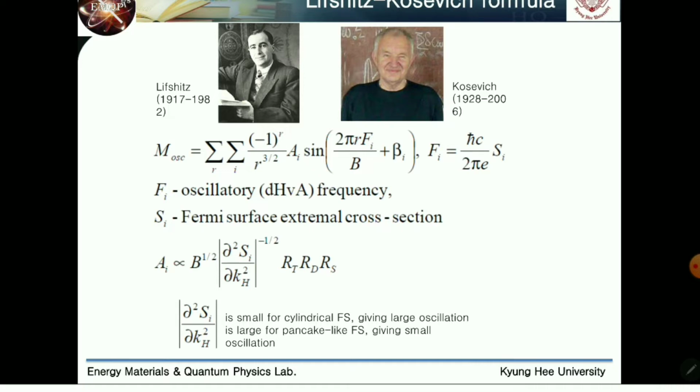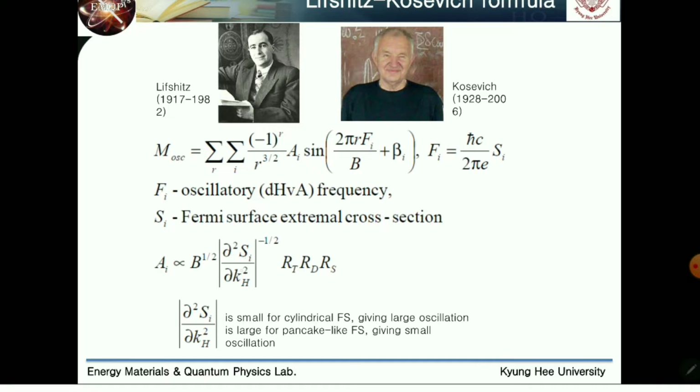The Lifshitz-Kosevich formula deals with the amplitude of the quantum oscillation. The amplitude A is proportional to the square root of the magnetic field, and also to the partial second derivative of the Fermi surface area with momentum along the direction parallel to the magnetic field.